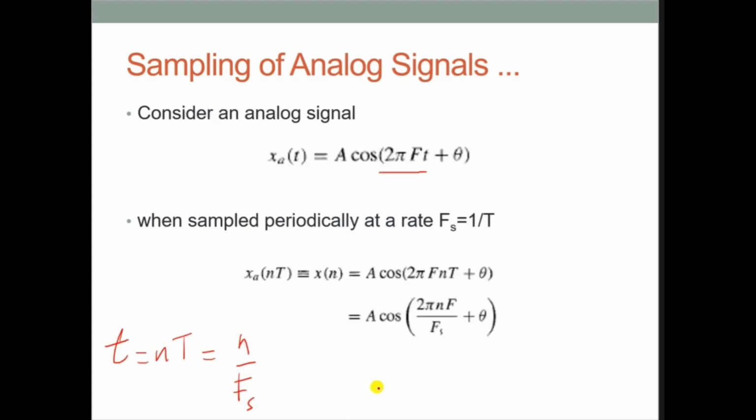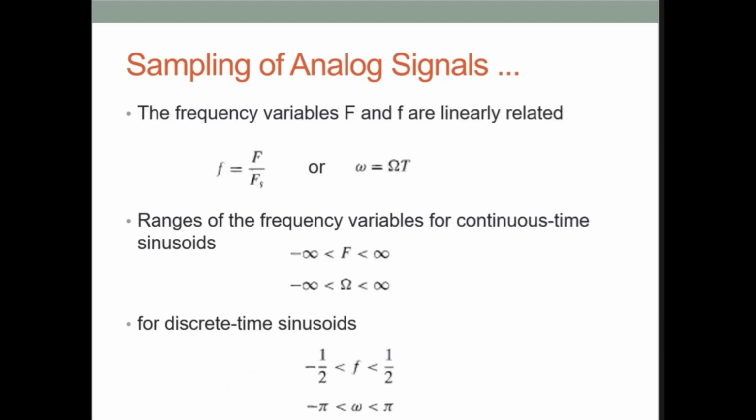You can see here, this is A cos(2πfn), so f equals F over Fs. The same goes for ω equals capital Ω T.